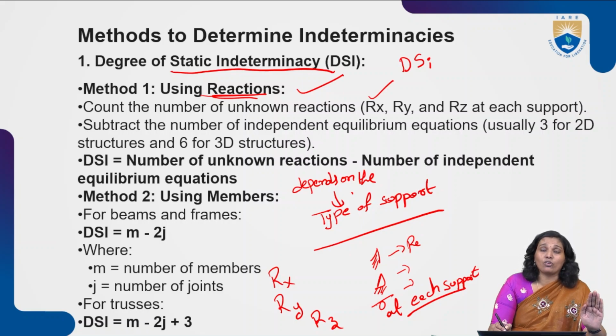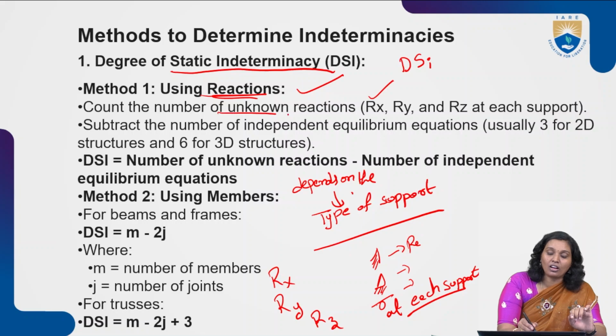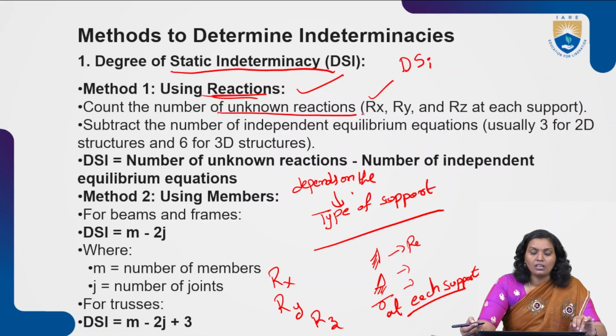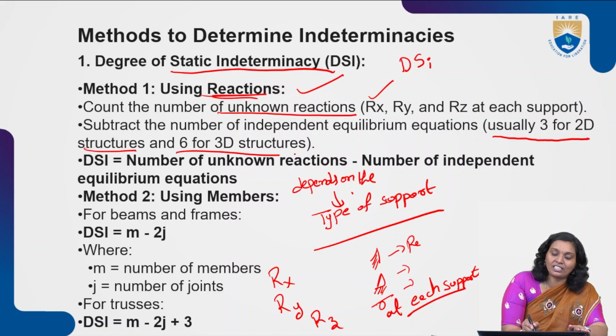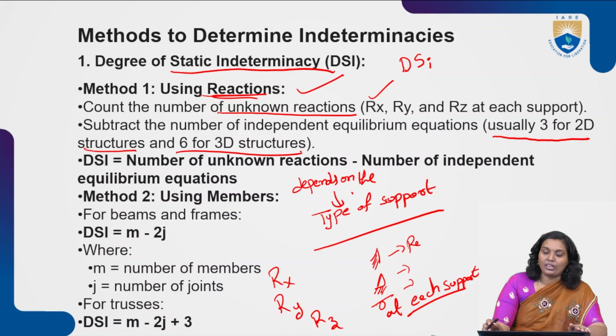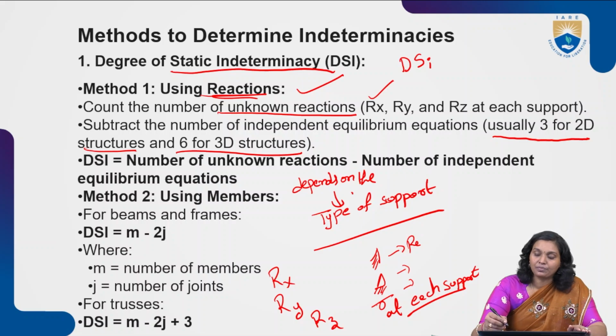Like that, we count the number of unknown reactions. Now subtract the number of independent equilibrium equations. Generally it is 3 for 2D structures and 6 for 3D structures. For a two-dimensional structure, the independent equilibrium equations equal 3.